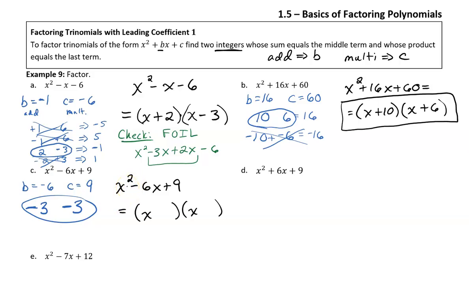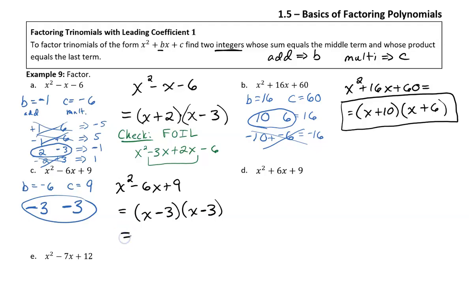And by the way, we will see later on in the semester what happens if our leading coefficient isn't 1. We'll get to that eventually. For now, we're just doing the basics. And then my integers that we found were negative 3 and negative 3, which is interesting. They both came out to be x minus 3.